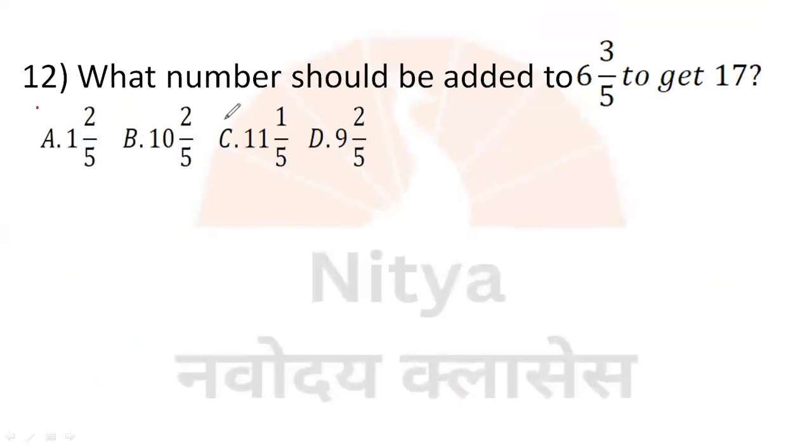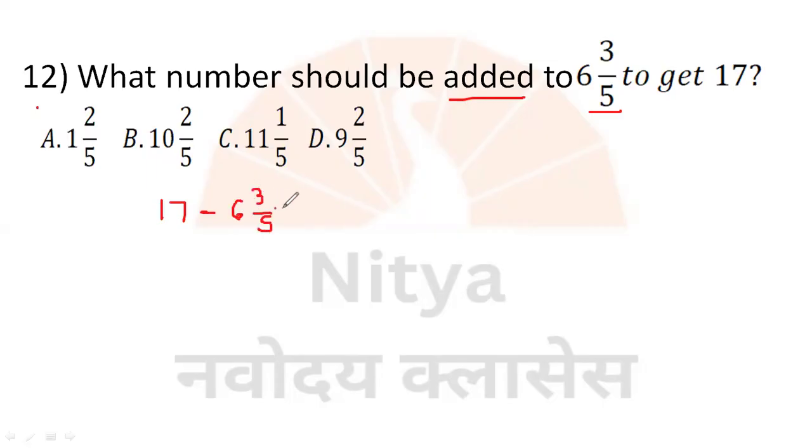12th. What number should be added to 6 and 3 by 5 to get 17? What number should be added to this to get 17? So that's simple. What we have to do is 17 minus 6 and 3 by 5.